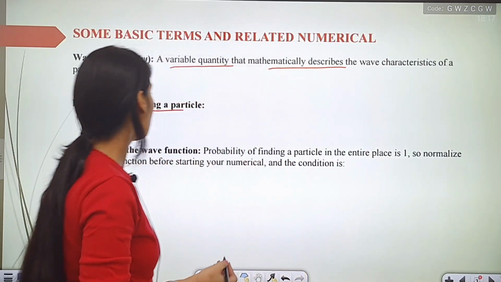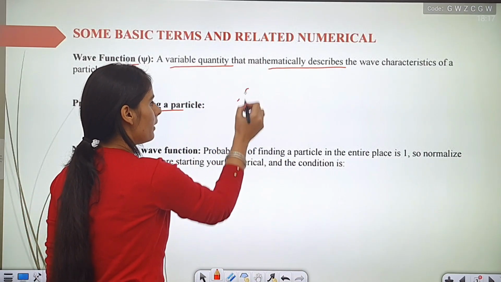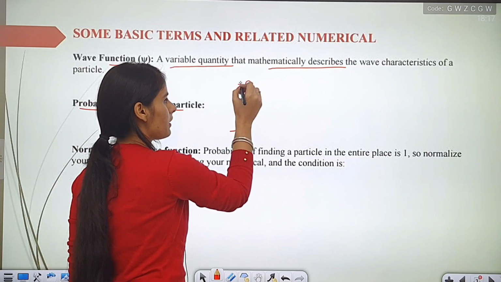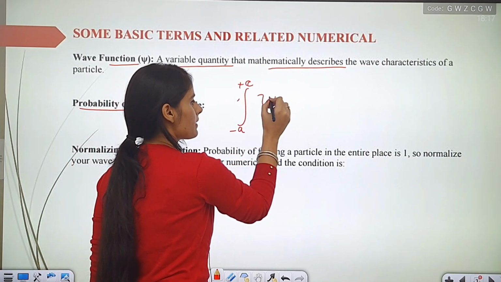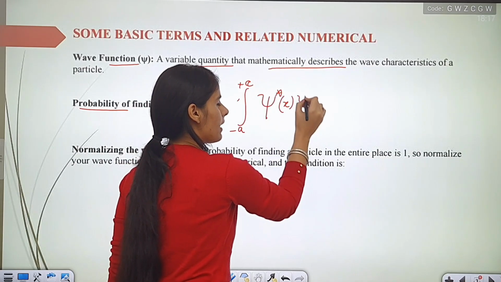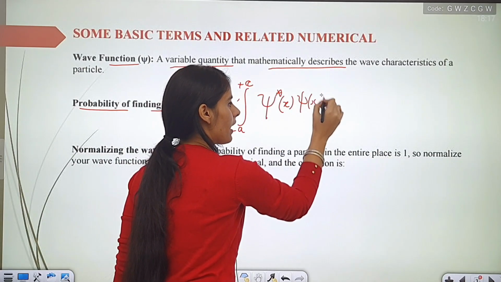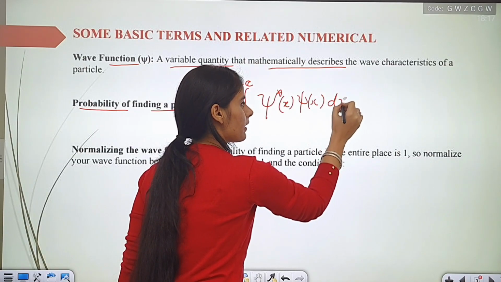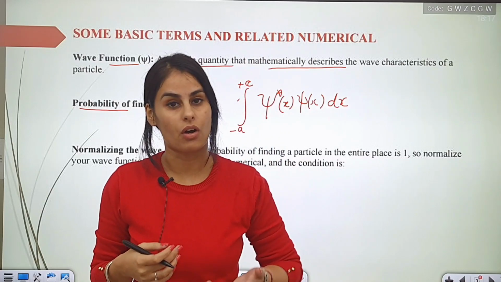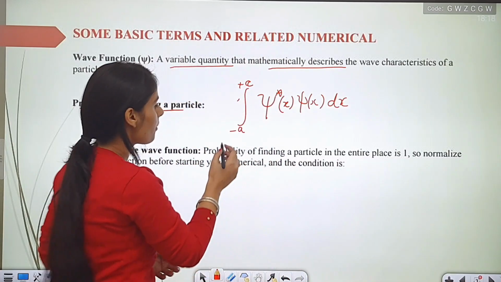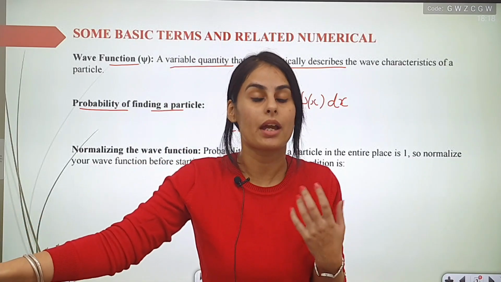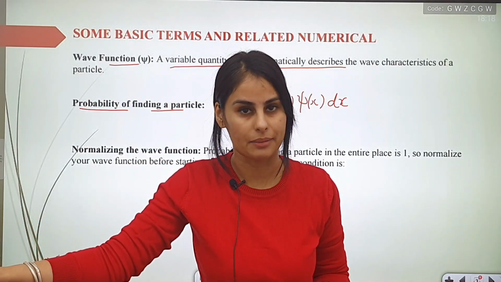Mathematically, the probability of a particle is the integral from -a to +a of psi star of x times psi of x, dx. Here x describes the position of our particle, and -a to a are the limits within which we are trying to find the particle.